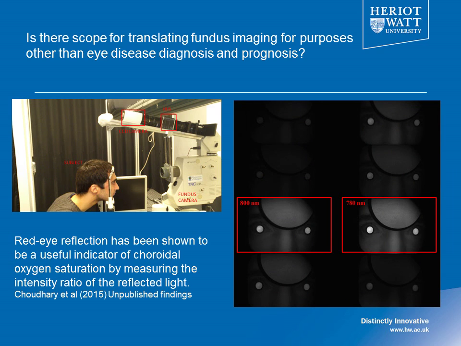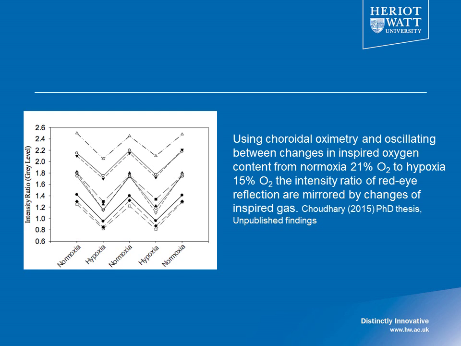Using the camera at two separate wavelengths, we recorded the red eye reflection in both eyes, and in this experiment they switched from inhaling a normoxic gas mixture, 21% oxygen, to hypoxia, 15% oxygen, and we recorded the intensity ratio of red eye reflection.